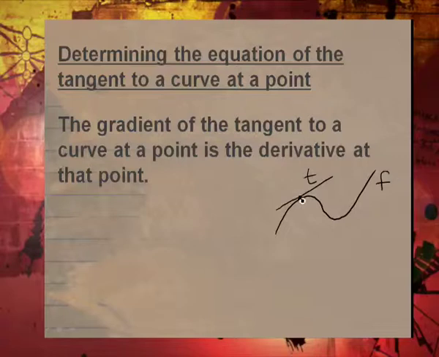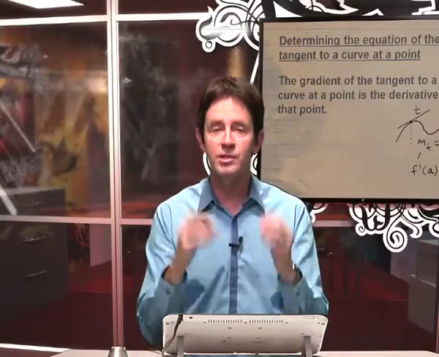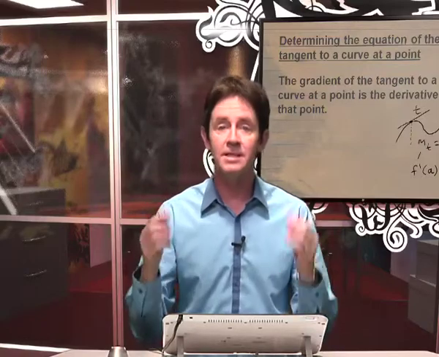At this point, the gradient of the tangent is the gradient of the curve. Really, whatever that point is, the gradient is the derivative at that point. The gradient of the tangent is the gradient of the curve at a specific point.